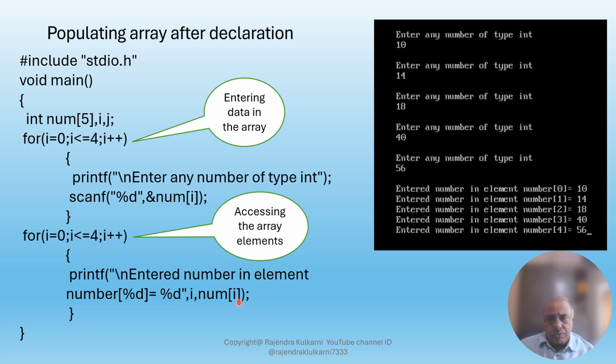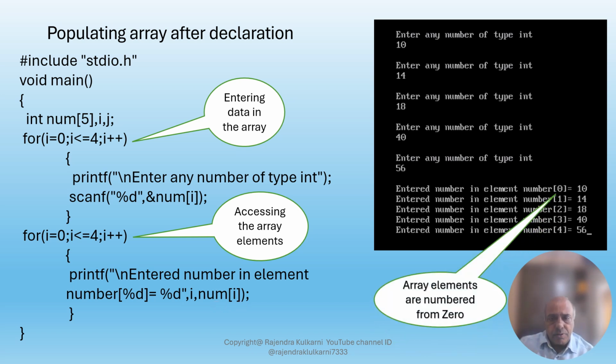When I is equal to 1, element number 1 of the array, which is the second element, will be displayed. In this way, the fourth element or the fifth value will be displayed when I is equal to 4. Array elements are always numbered from 0.